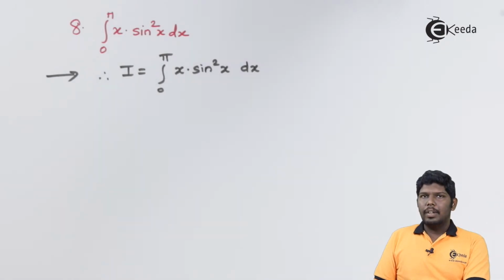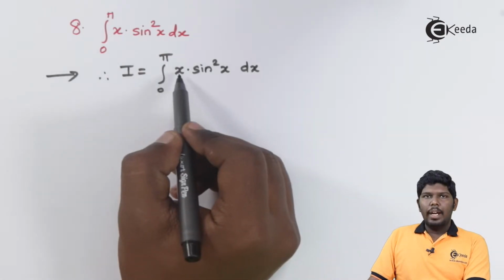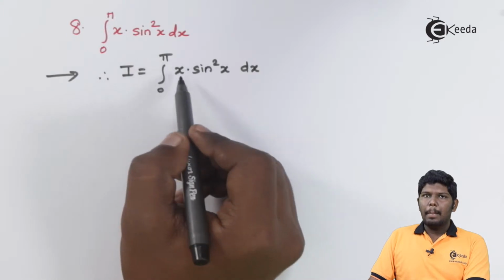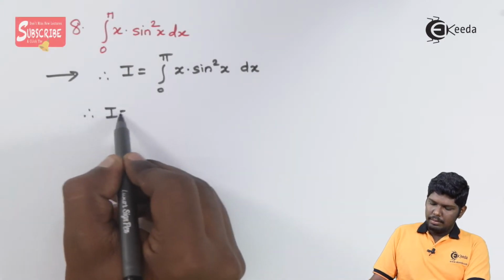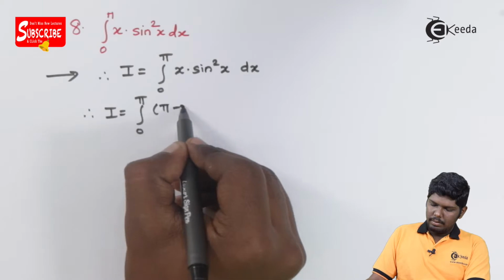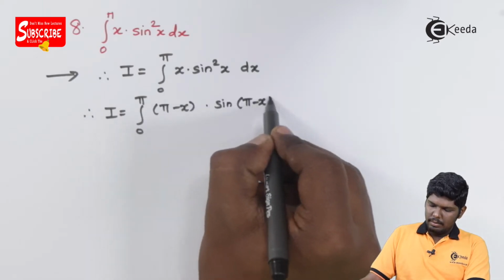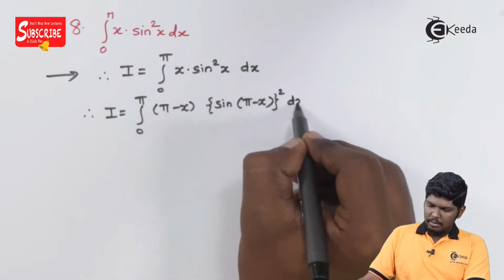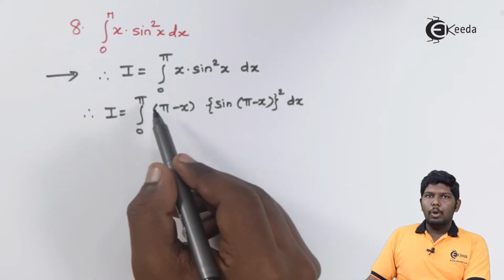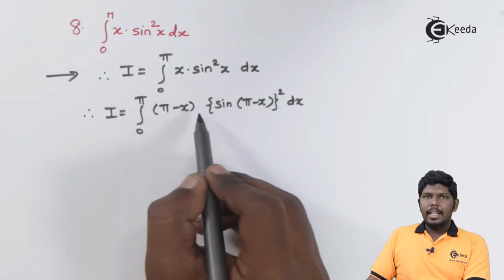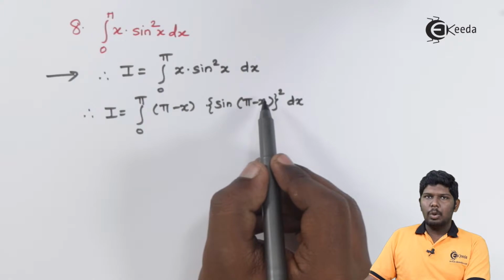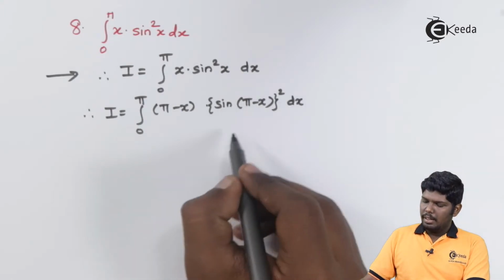Let us use the property first, where we are going to write x as upper limit pi minus x. So we have integral 0 to pi (pi minus x) into sine of (pi minus x) the whole square dx.